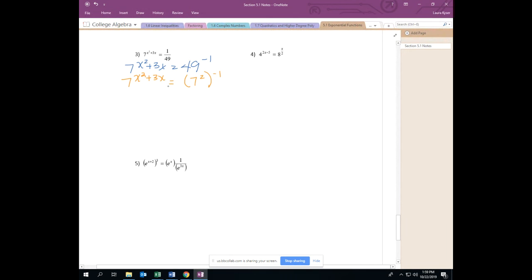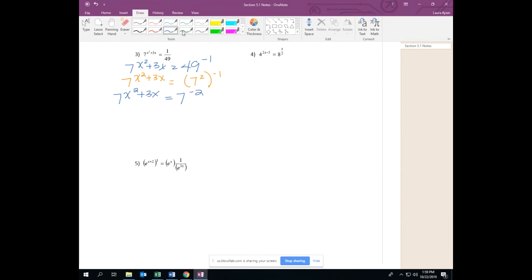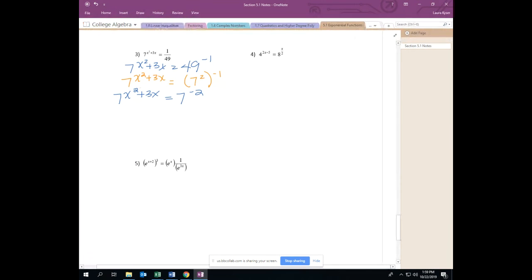Instead, let's multiply these powers together. So 7 to the x squared plus 3x power equals 7 to the negative 2 power. Now the bases match, so let's drop them out. We get x squared plus 3x equals negative 2.